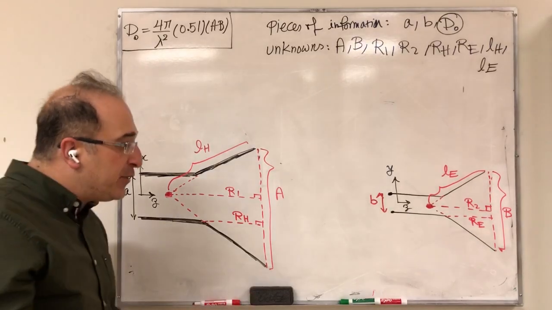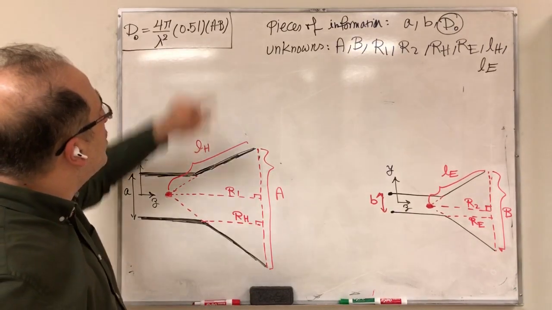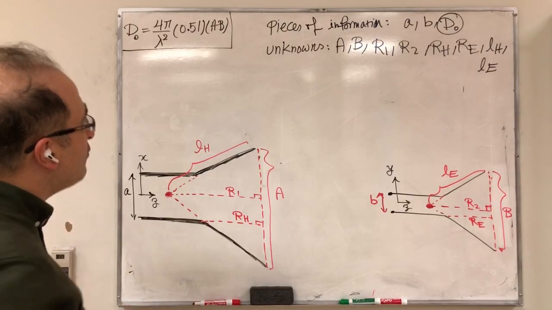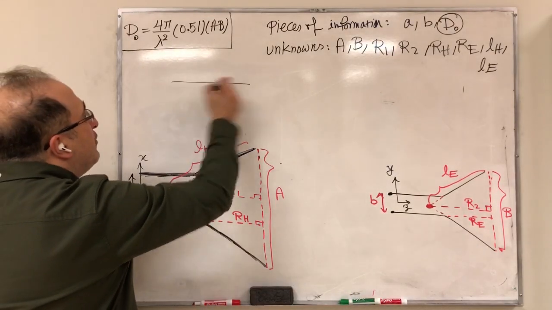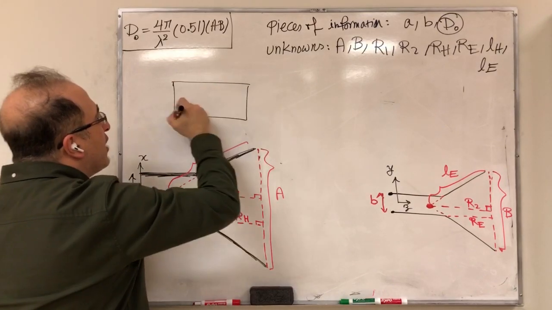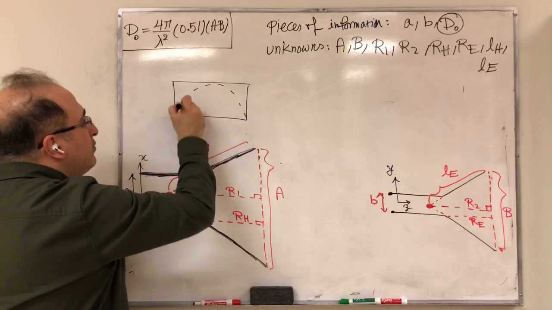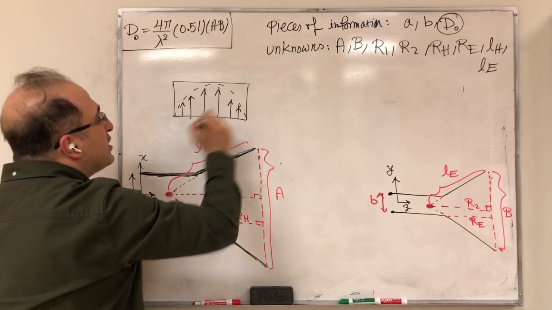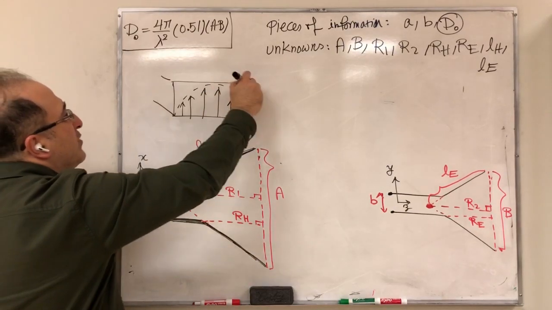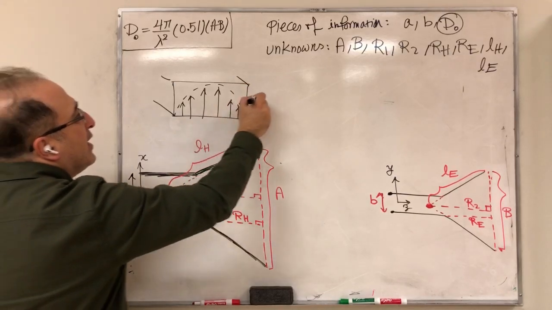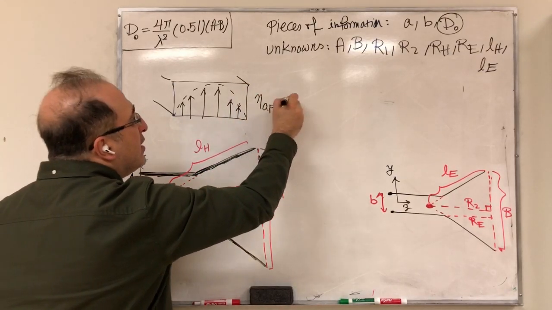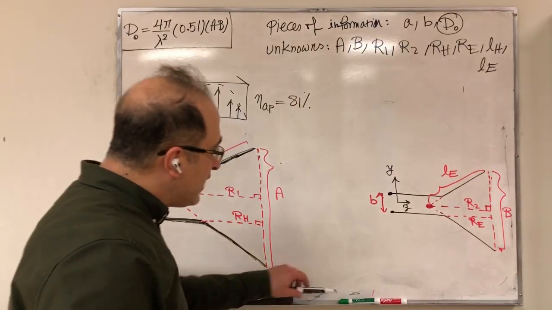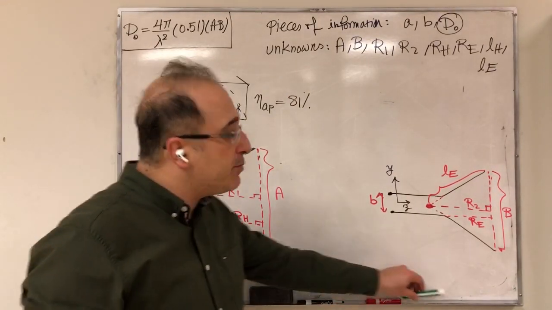But before going to the other equation, let's talk about this 51% for a second. Now, the question that I have for you is that with open-ended waveguide, if you remember, the aperture efficiency of an open-ended waveguide was 81%. Now we are saying for horn antenna it is 51%.